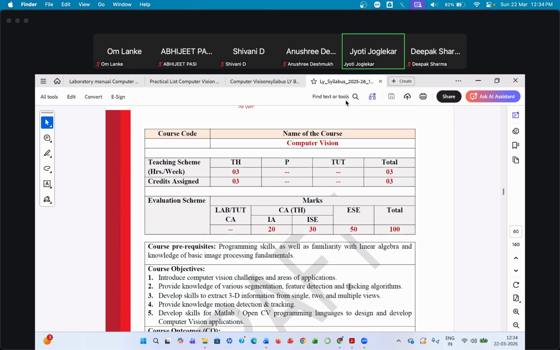One compulsory subject is digital signal and image processing, because computer vision is the next subject where you are doing a lot of processing. In digital signal and image processing, you are studying very fundamental pre-processing techniques to make your image suitable for a specific application.